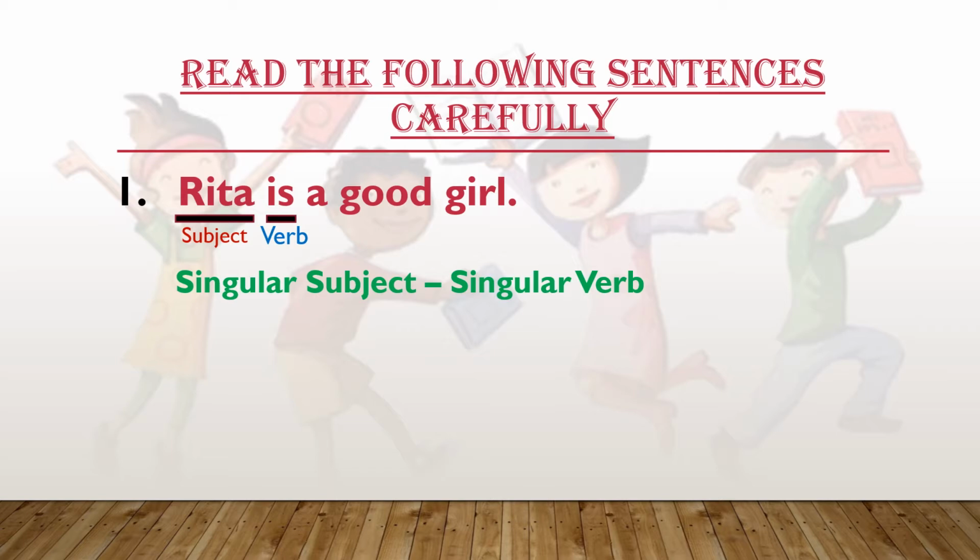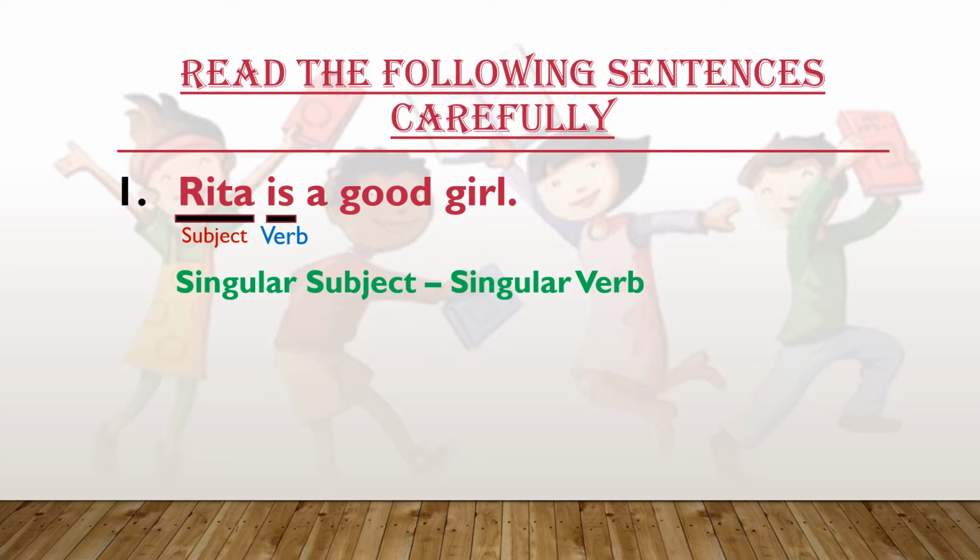Always remember, with a singular subject, we always use a singular verb. Verb will always be singular. Like in this sentence, Rita is just one girl about whom we are talking. Rita is the subject. And the verb that we have used with a singular subject is.